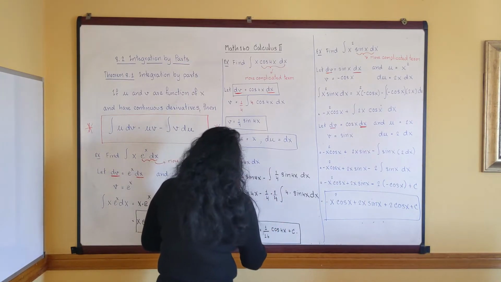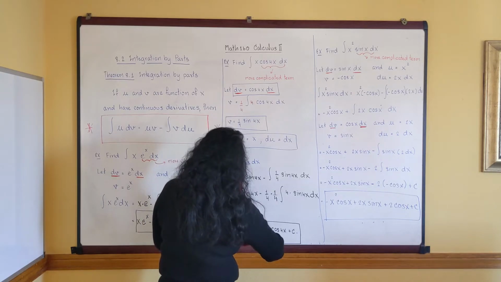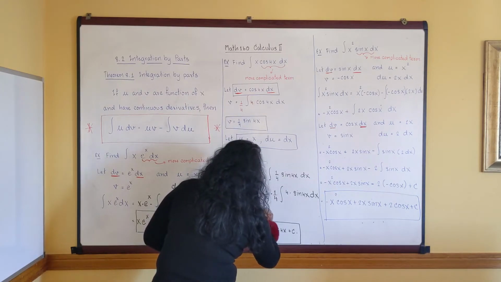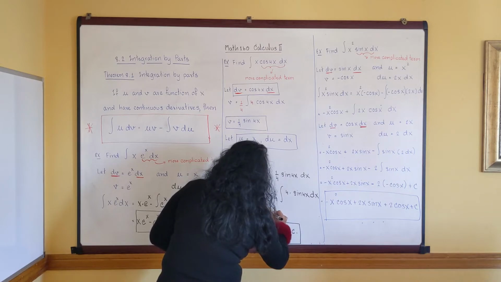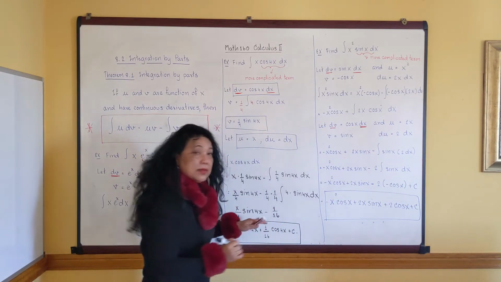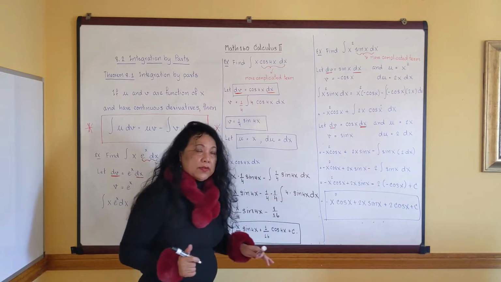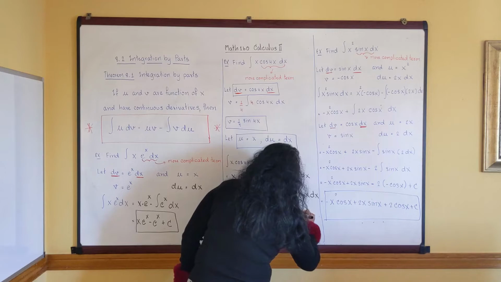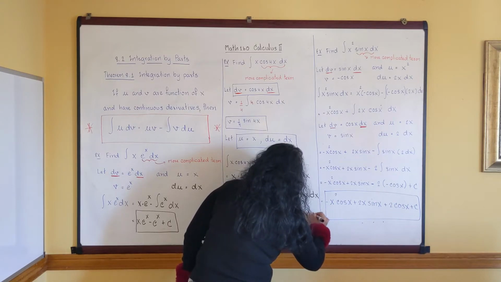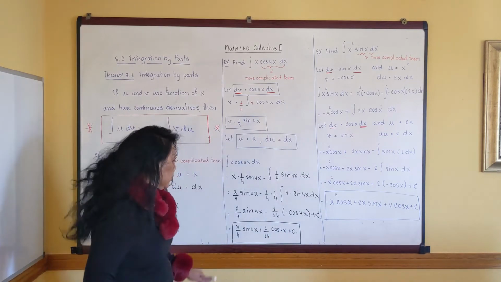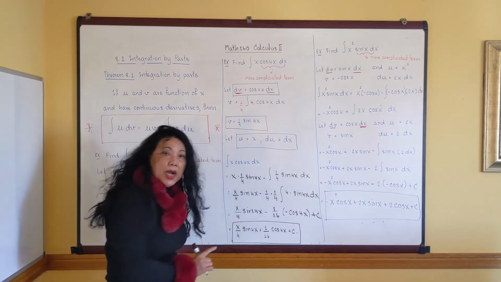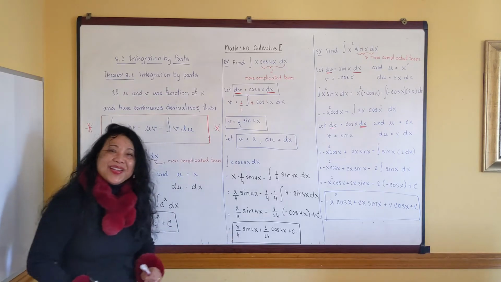So from here I have x over 4 sine 4x minus 1 over 16. The integral of sine is negative cosine, so negative cosine 4x. Negative and negative become positive. So this is my final answer.